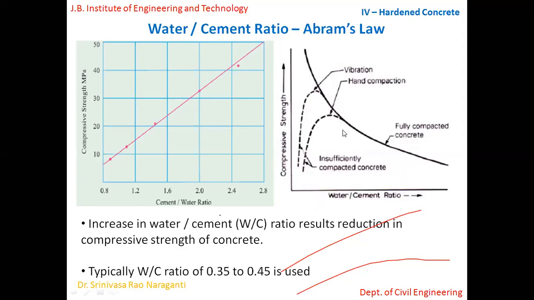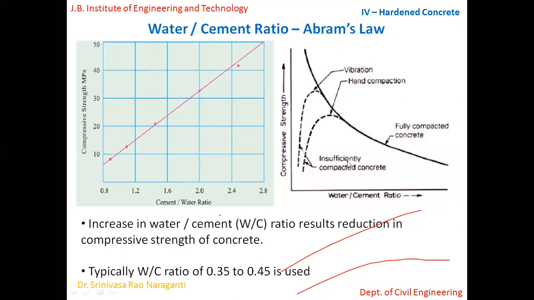Otherwise, say our concrete is not well compacted. For example, you're using hand compaction and it is poorly compacted. If that is the case, then initially with increase in the water cement ratio, you see an increase in the compressive strength to some extent. Thereafter, there will be a decrease in the compressive strength with increase in water cement ratio.